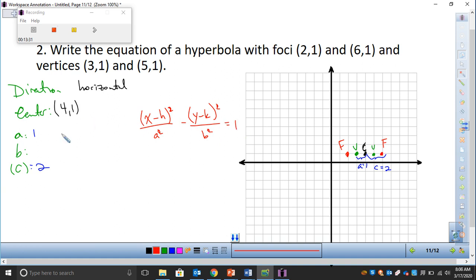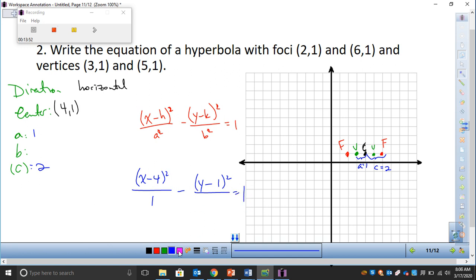We have our center, we have our a value, so we can fill in a lot of this. It's going to be x minus 4 squared over a squared, a is 1, so over 1, minus y minus 1 squared over b squared, which we don't know yet, equals 1.